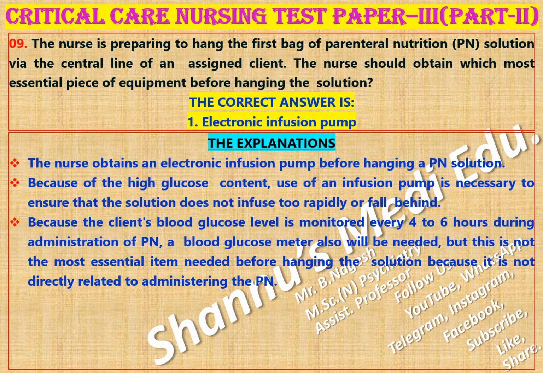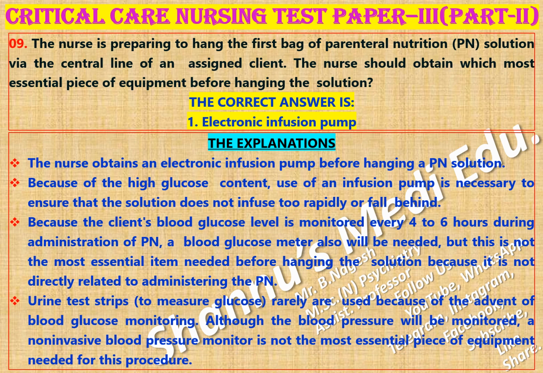A blood glucose meter will also be needed, but is not the most essential item needed before hanging the solution because it is not directly related to administering the PN. Urine test strips to measure glucose are rarely used because of the advent of blood glucose monitoring. Although the blood pressure will be monitored, a non-invasive blood pressure monitor is not the most essential piece of equipment needed for this procedure.